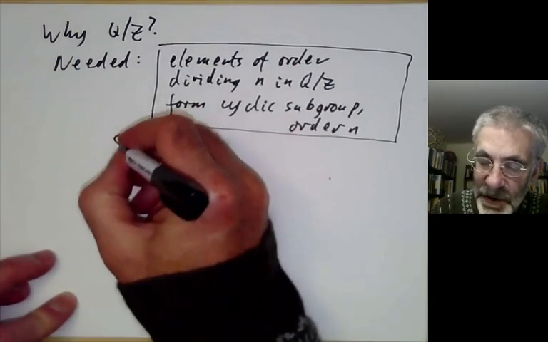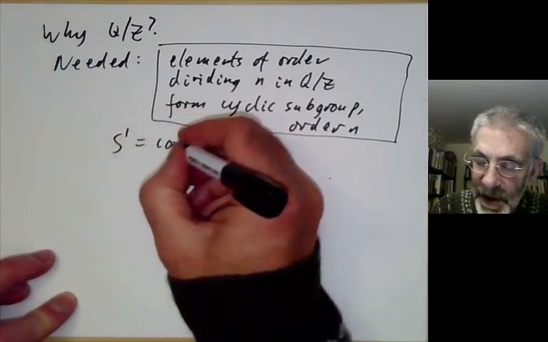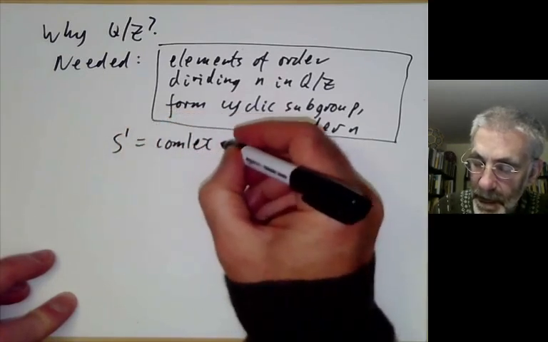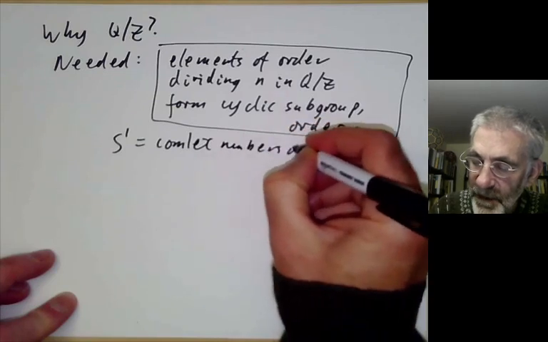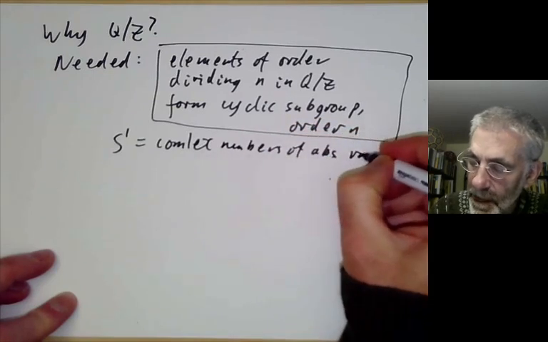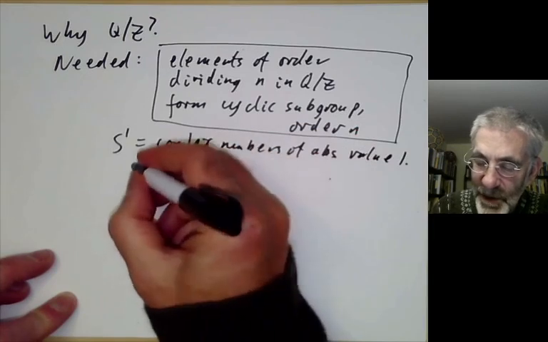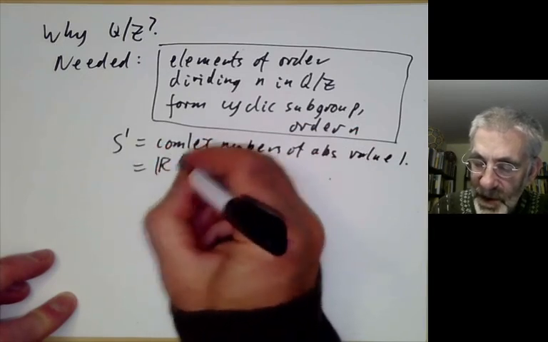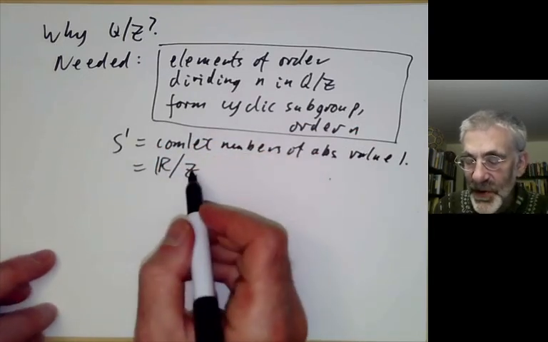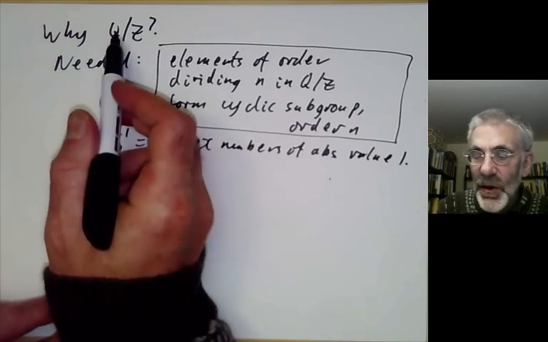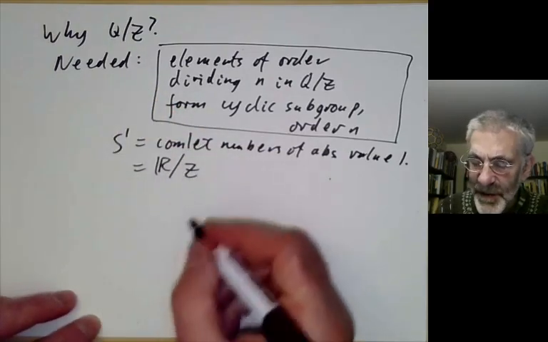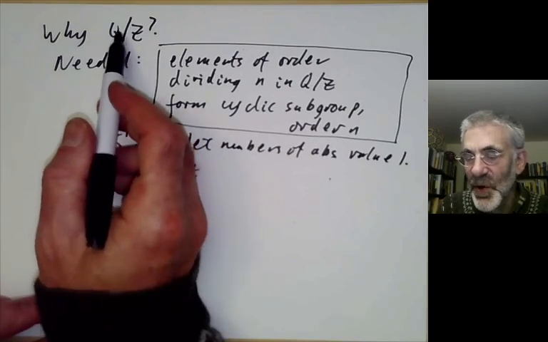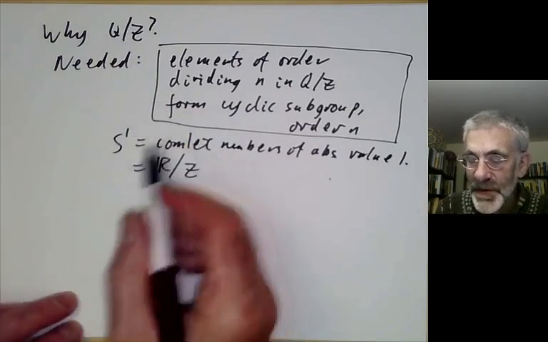For instance, we could use the group S1, which is complex numbers of absolute value 1, or we can also think of it as the reals modulo Z. And Q over Z is actually quite similar to R over Z. There's an obvious injective map from Q over Z to R over Z, so we could use this instead.